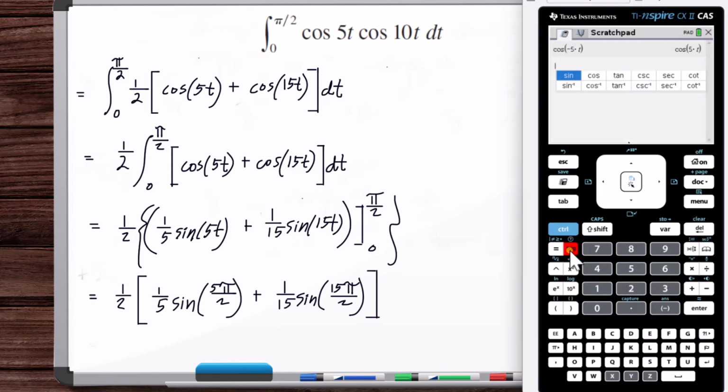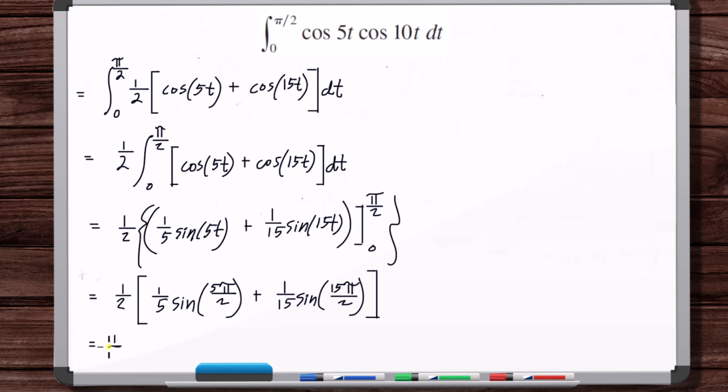Okay, so sine of 5 pi over 2 is 1, and then sine of 15 pi over 2 is -1.